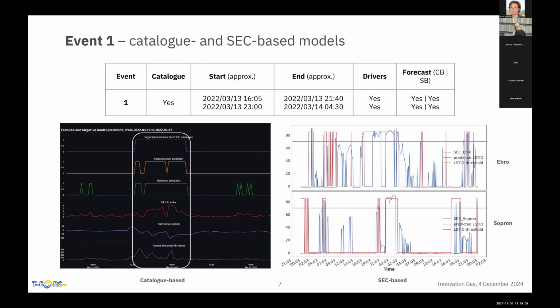This is the first one in 2022. And these are the output of the 2 models. Sorry, but it's not very clear here.